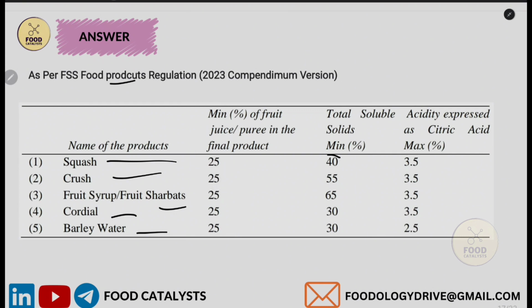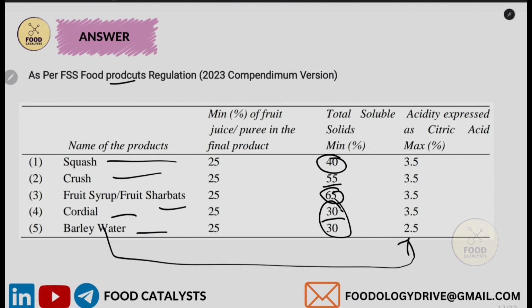So that is 40 for squash, 55 for crush, fruit syrup is 65, and for cordial and barley water it is 30. And except for barley water, all the others have citric acid content of 3.5. See, in this video itself, we have learned two acid related things. One is that a lactic acid related component will be there, which we have seen as 1.5.